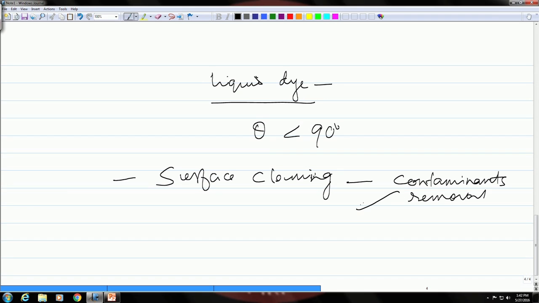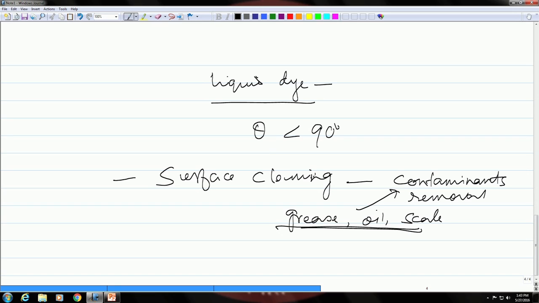These contaminants could be anything like grease, oil or scale which might have formed on the surface. All these will tend to increase the contact angle. So, first you need to clean all this, so that you have a clean surface and the contact angle will be less than 90 degrees. This will ensure that the liquid dye you are applying will spread over the solid surface.